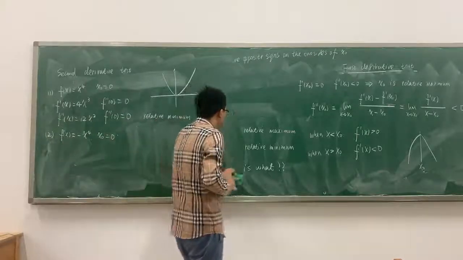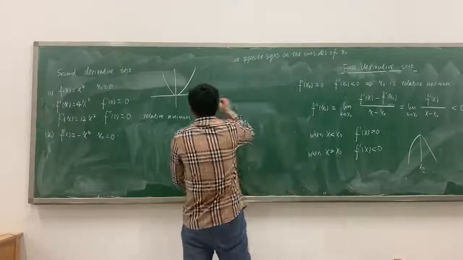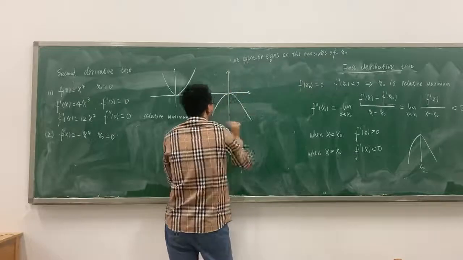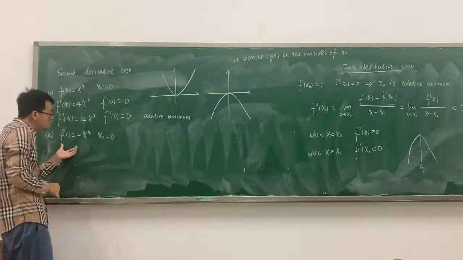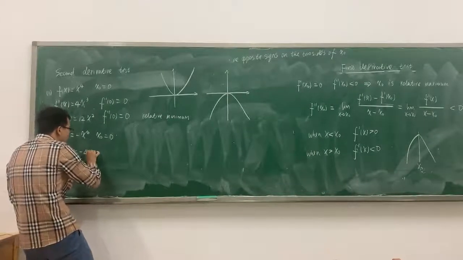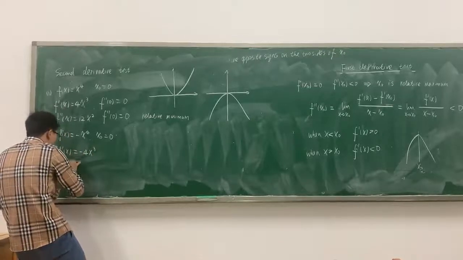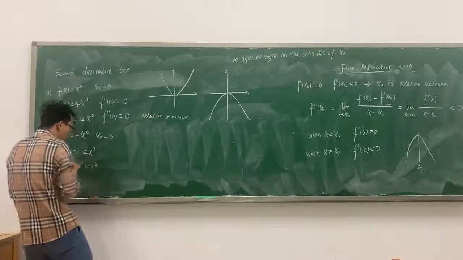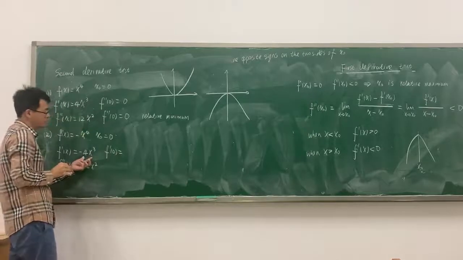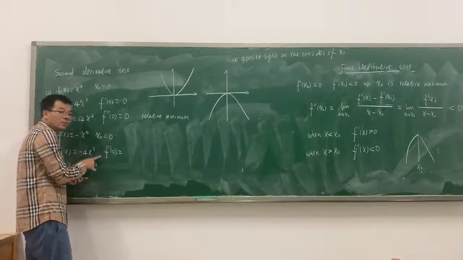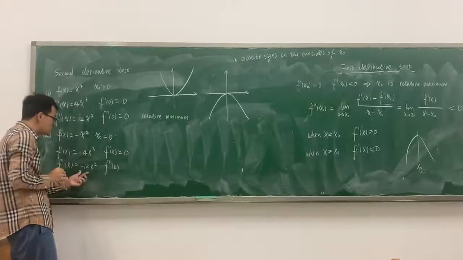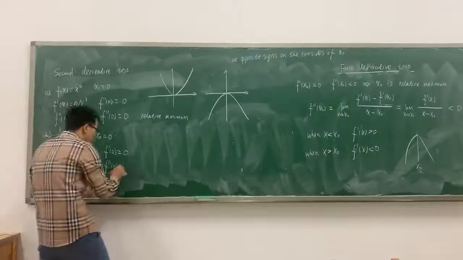The graph is like this. f prime x equals minus 4x cubed, and f double prime x equals minus 12x squared. It's easy to see f prime 0 equals minus 4 times 0 cubed, so 0, and f double prime 0 equals minus 12 times 0 squared, also 0.